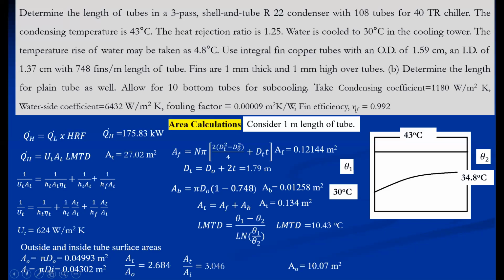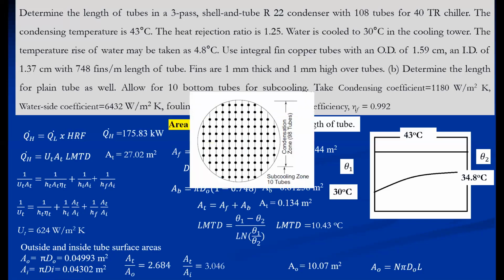Now the outer surface area is also given by the expression: number of tubes into pi DO L, the surface area of one tube, because we have to calculate L. Now in order to calculate the number of tubes involved, it's already mentioned allow 10 bottom tubes for subcooling. So there are a total of 108 tubes.